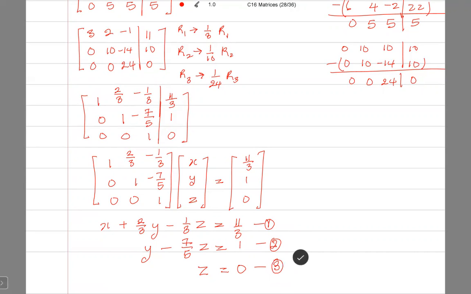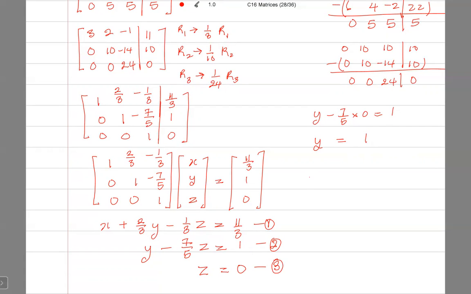All right, so let's solve. So we have z is 0. So we have y minus 7/5 times 0 is equal to 1. So y is equal to 1. So y is 1, z is 0.